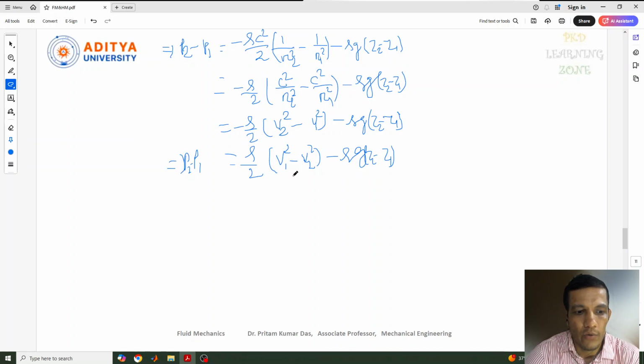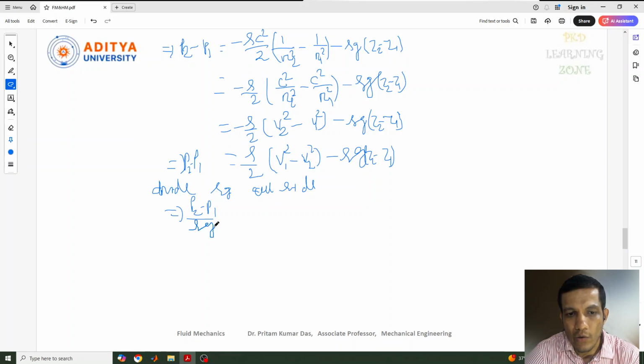Now we'll divide by rho g on all sides. So P2 minus P1 by rho g equals, rho will be cancelled, V1 square minus V2 square divided by 2g, and rho g will be cancelled, so only Z2 minus Z1.